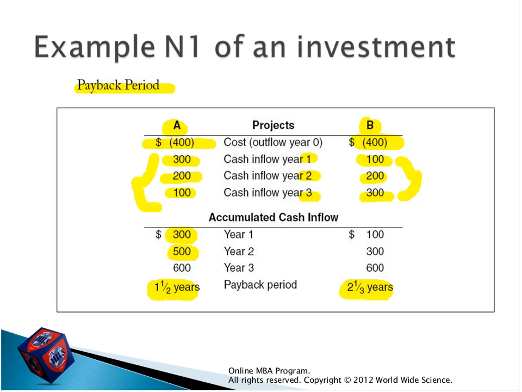It has always been assumed that the best project is the one which brings higher profits in the earliest years. As you can see, project A brings 300 of cashback money in the first year.